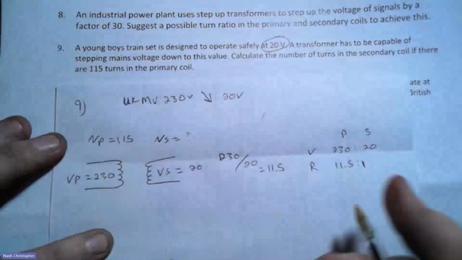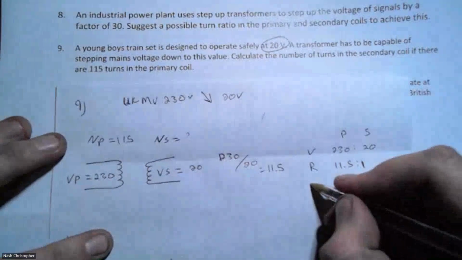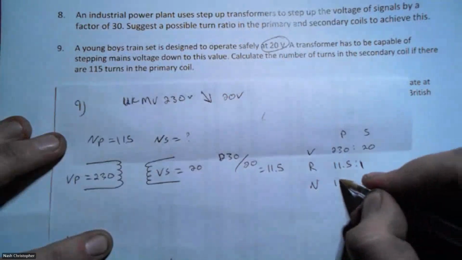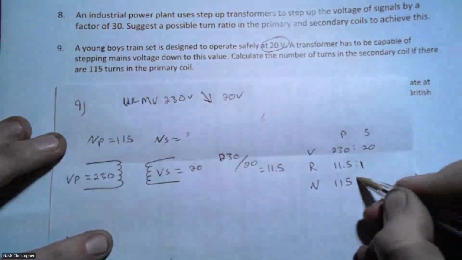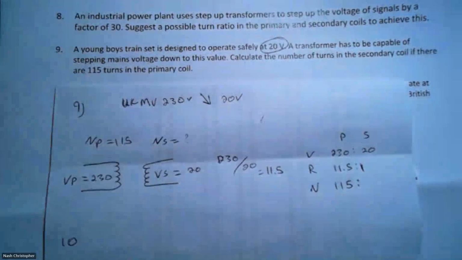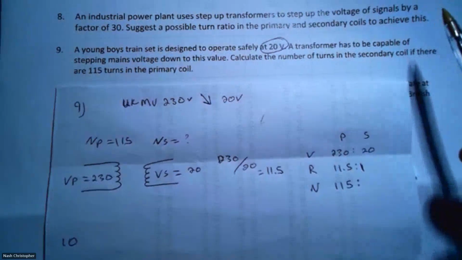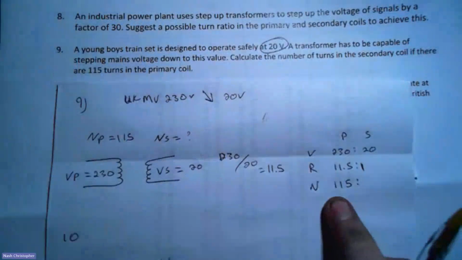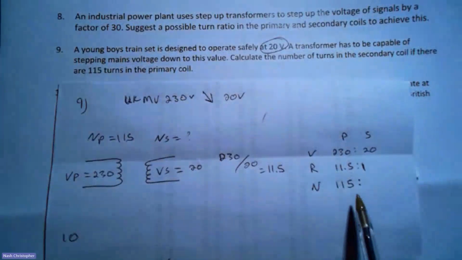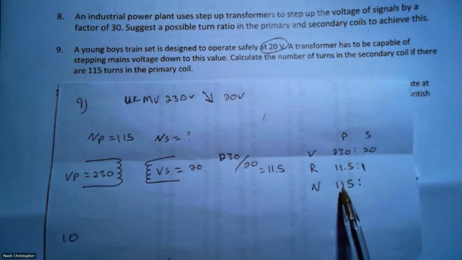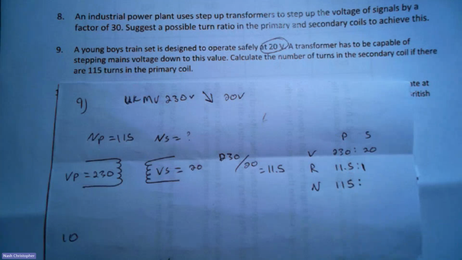We know that the primary number of coils is 115. So we know that anything on this side is 11.5 times greater than the other.